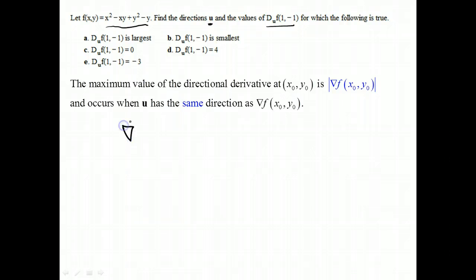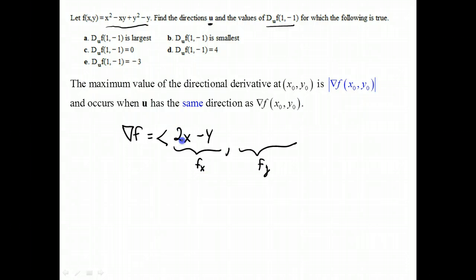The gradient of this function is the partial derivative with respect to x in the i component, 2x minus y, and the partial with respect to y in the j component, minus x plus 2y minus 1.